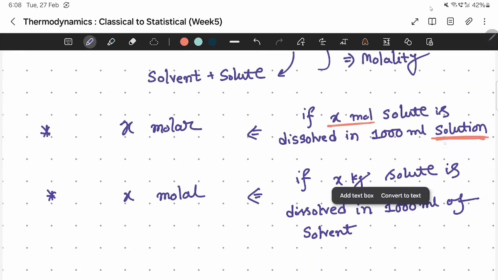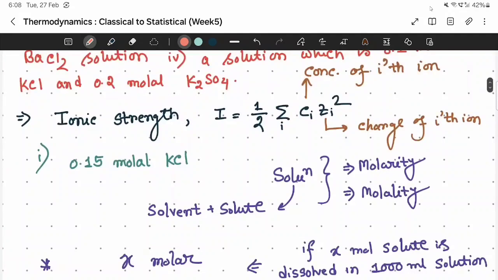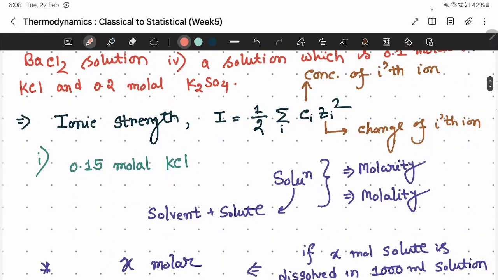For molarity it is per 1000 ml of solution, but for molality it is per kg of solvent. There is a difference, so we have to keep in mind that molarity and molality are not the same. But in case of ionic strength, in general, we use molality.